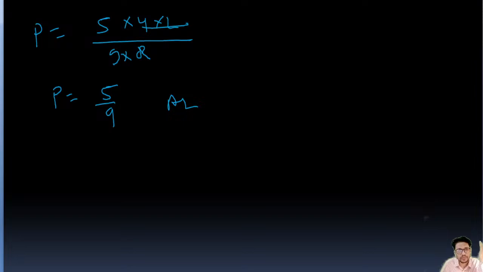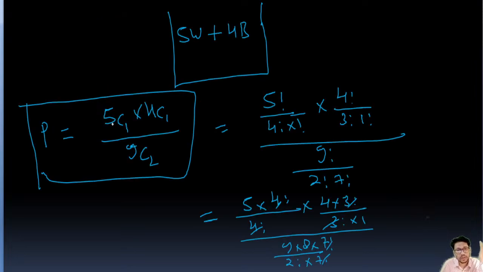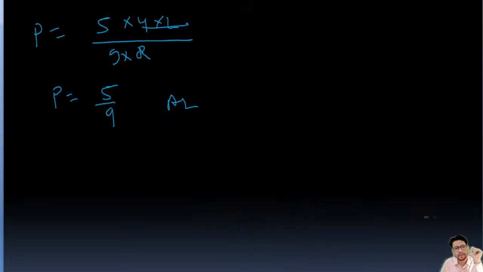P equals 5C1, meaning 1 ball is chosen from 5 white balls, and 4C1, meaning 1 ball is chosen from 4 black balls, upon the total, 2 balls chosen from total balls, that is 9C2. We solve it and get the answer. Very simple. Next question.